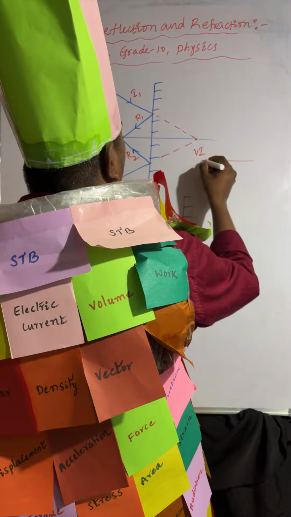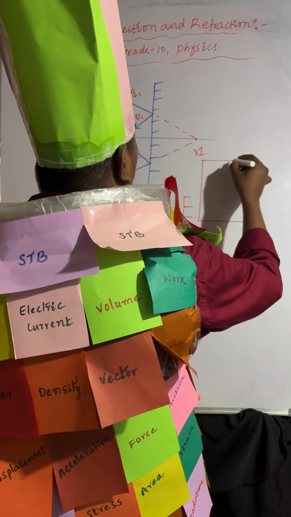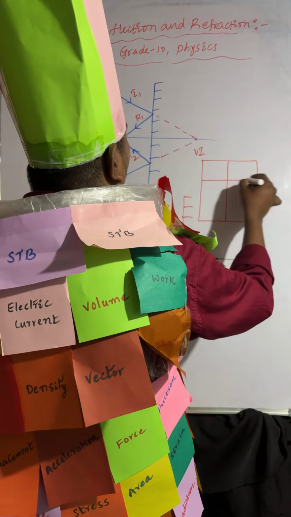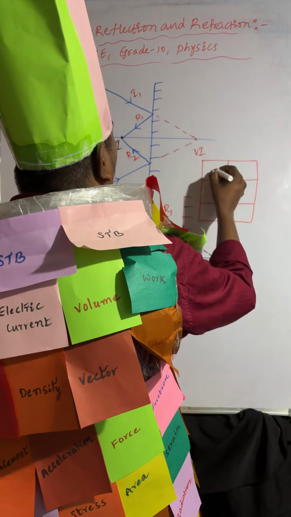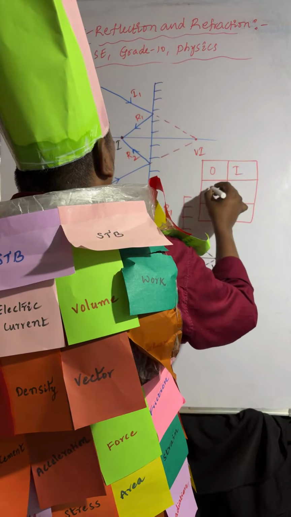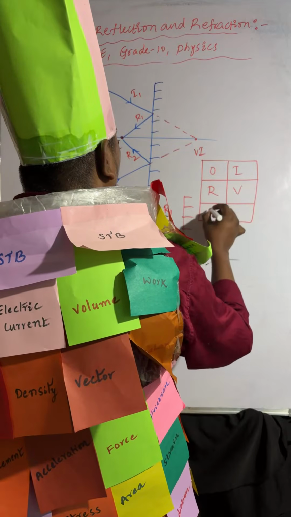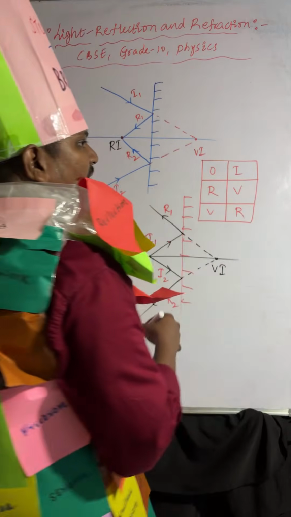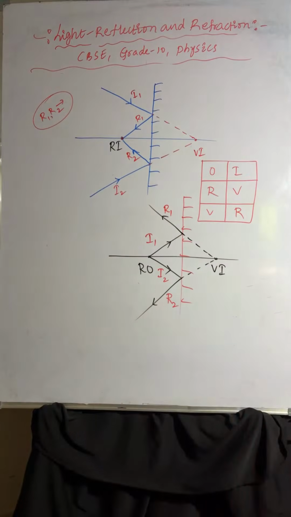So, by observing these two diagrams, object and image, we can conclude: object is real, image is virtual; object is virtual, image is real.